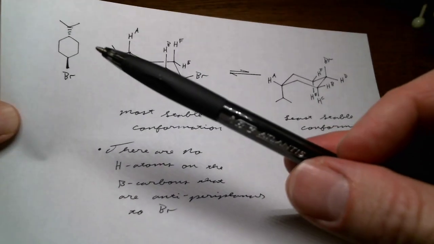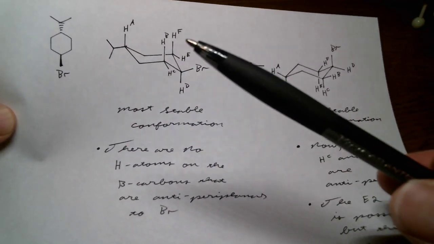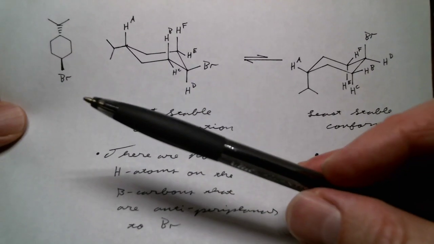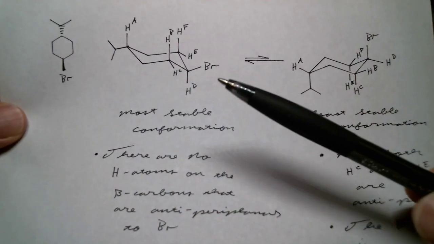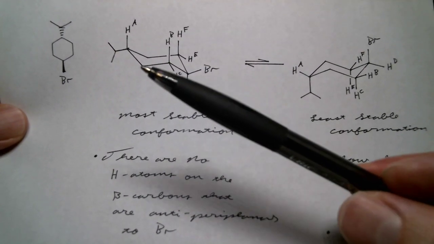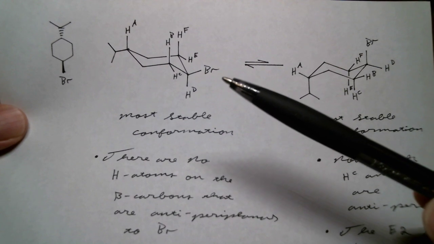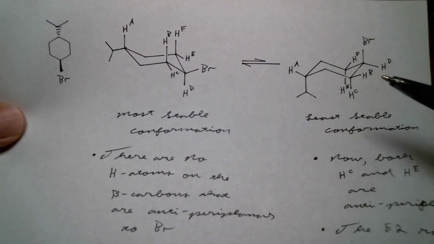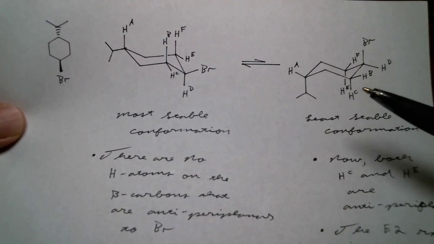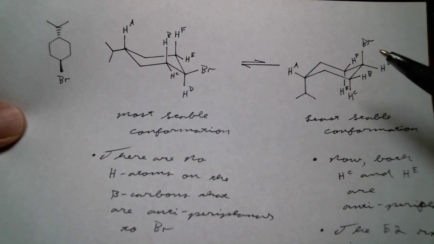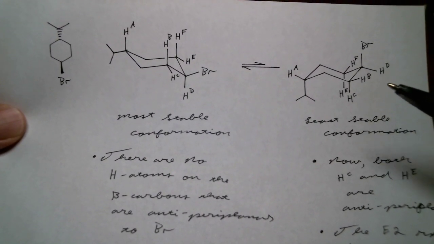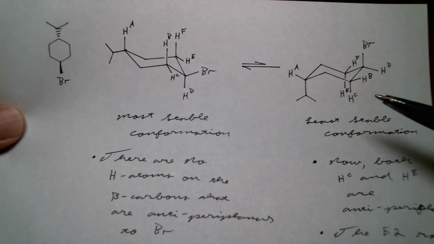When our isopropyl group has a trans substitution compared to the bromine, our most stable conformation has both the bromine and the isopropyl group in equatorial positions, right? The alternative would be the least stable conformation, by 2.2 plus 0.55 kcal per mole, so 2.75 kcal per mole.